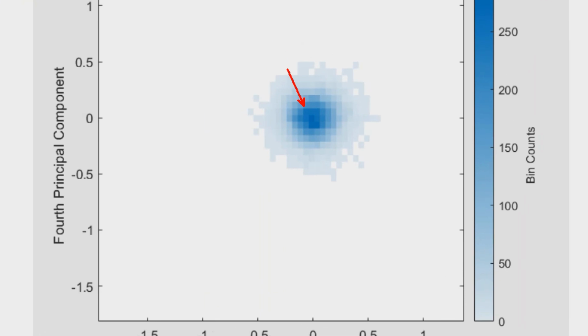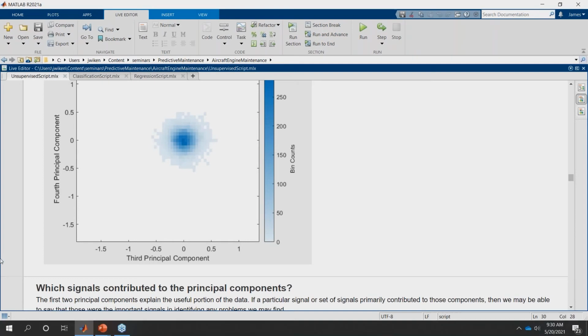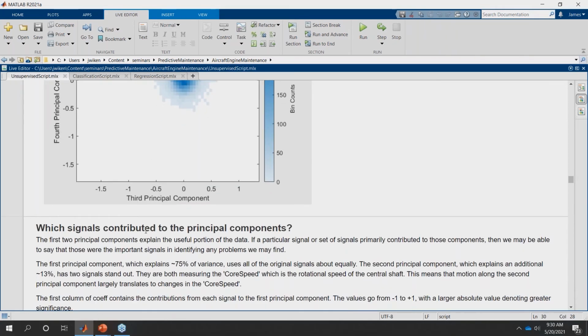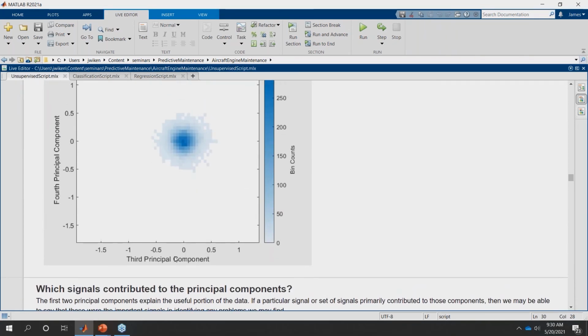Not really much information to be gathered here. So this verifies, or at least makes me feel better about getting rid of all those higher principal components, because we're looking for some sort of discernible shape here, and having just a zero-centered normal doesn't really tell me much.